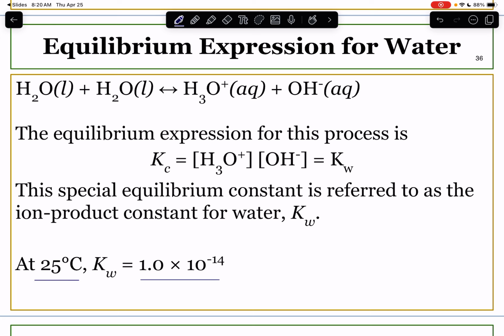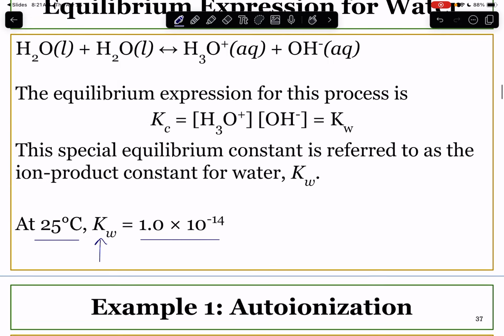In this course, we are only going to look at problems at 25 degrees Celsius, but later on you might learn that at different temperatures, the equilibrium constant, meaning this K value, will change for the different reactions. Either warmer or colder will increase or decrease that K value. But for right now, for this class, we're only looking at 25 degrees Celsius.